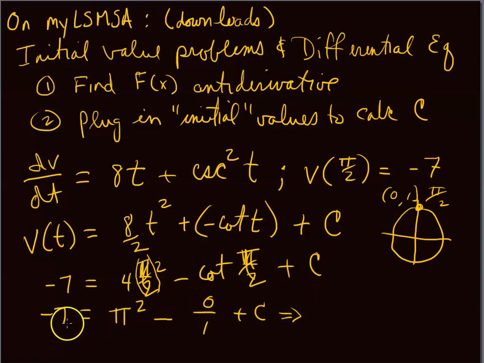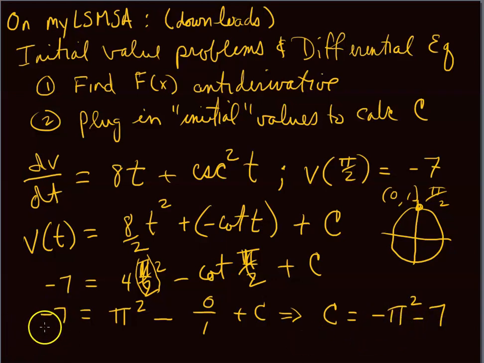We're just going to move the pi squared over to the other side. So both these are negative: negative pi squared and negative 7. I guess you could pull that out front.